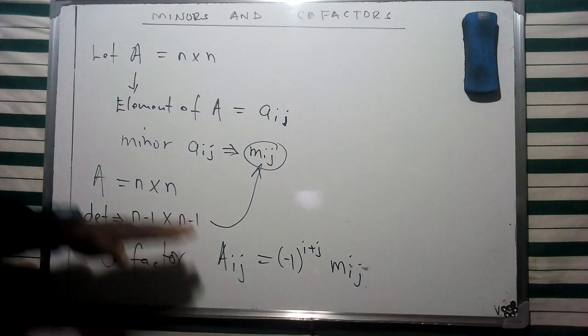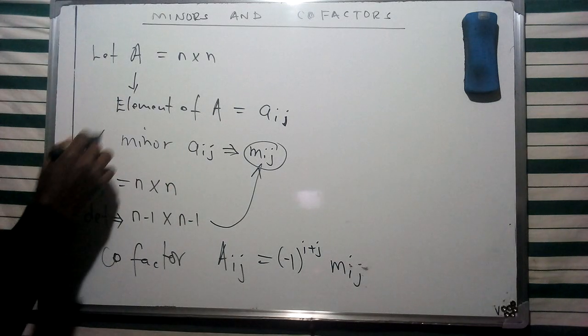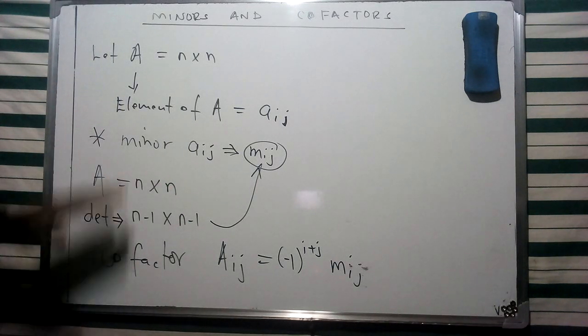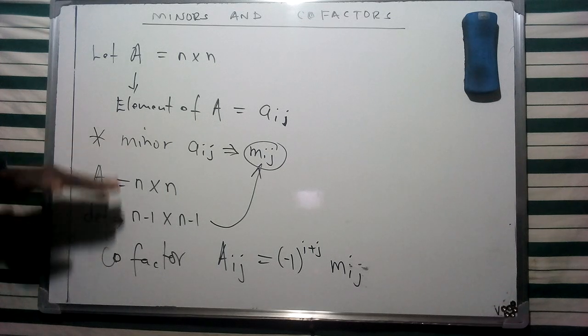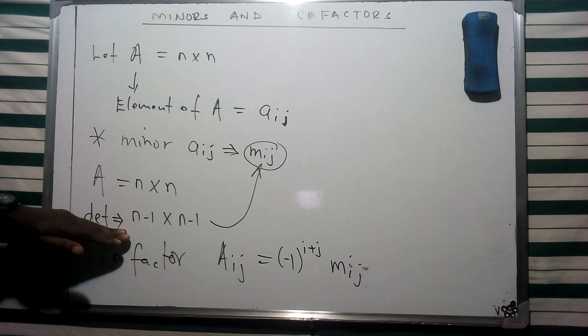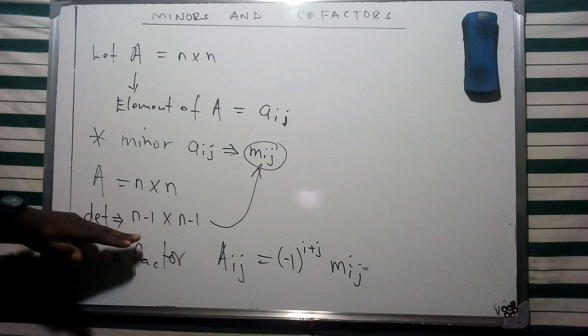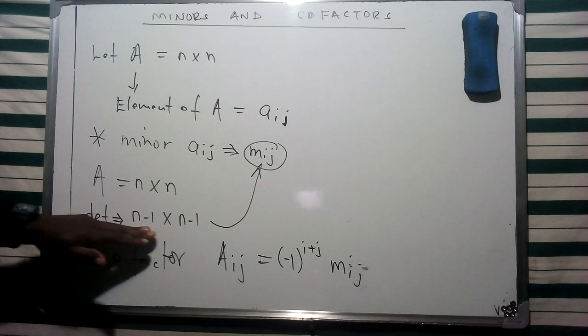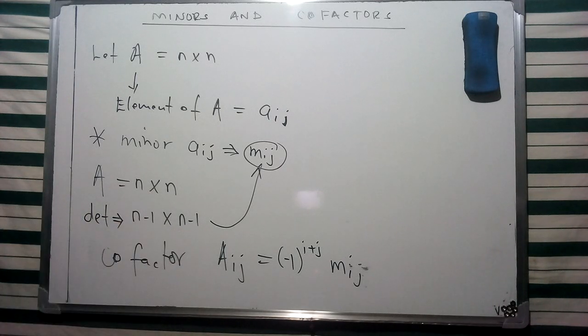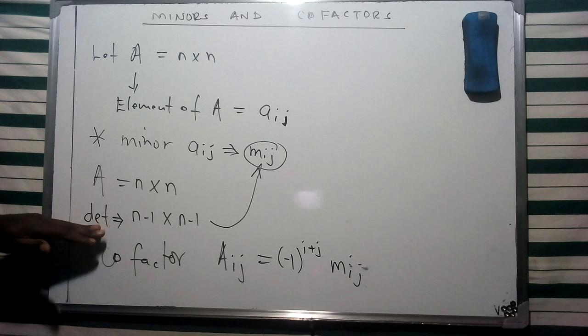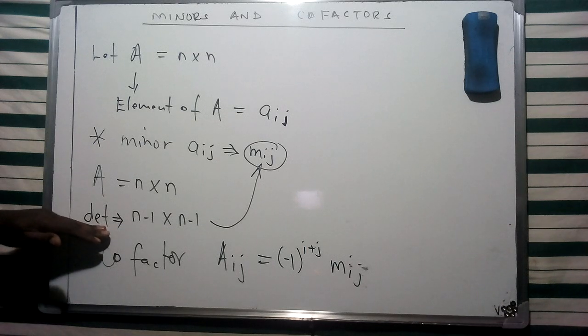From this case, the minors are obtained by deleting the ith row and the jth column, which results in an n minus 1 by n minus 1 matrix, which gives us a determinant.